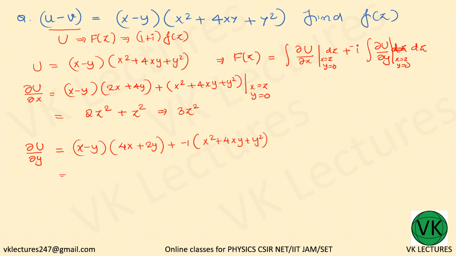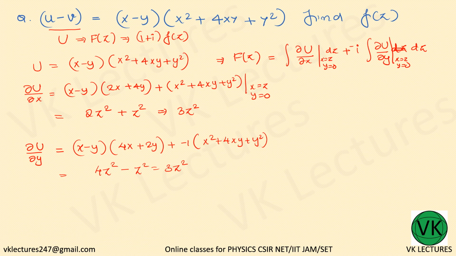So that is z into 4z, 4z², minus this is again z², that's again equal to 3z².